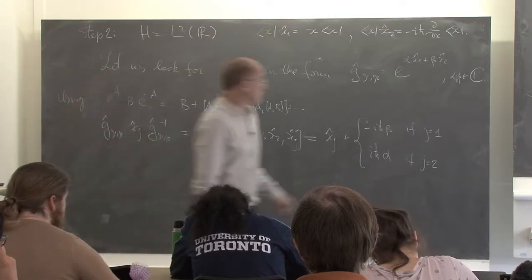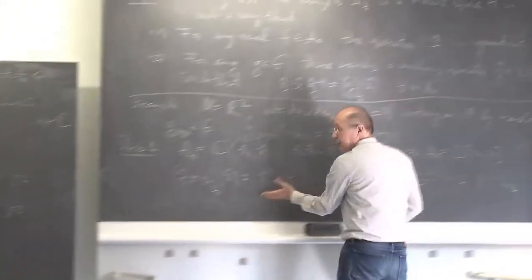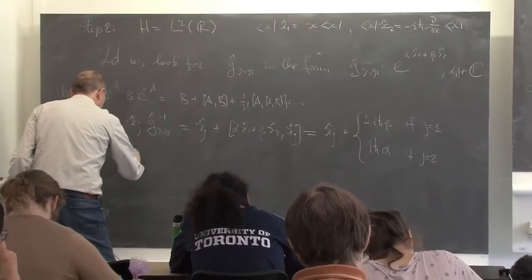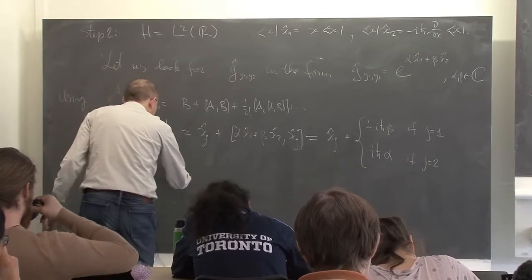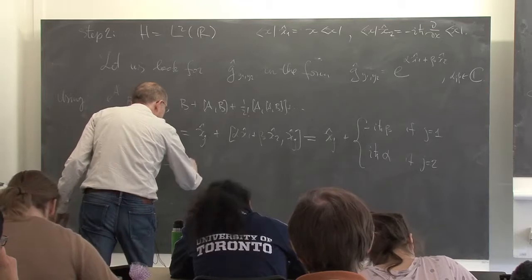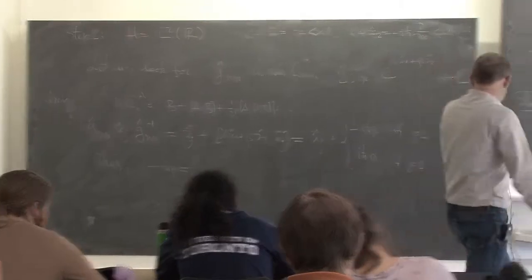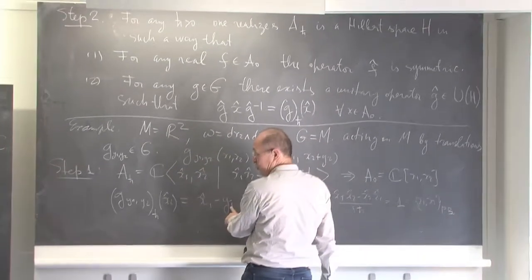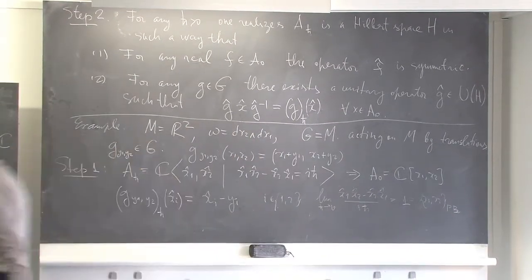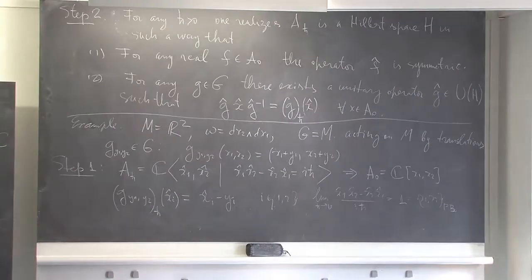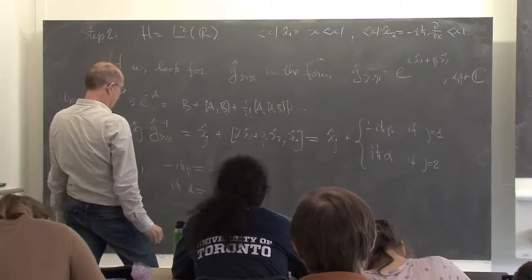And now we need to get this combination in the end. So minus i h bar beta should be equal to the coefficient in the case of i equals 1, minus y1. And i h bar alpha should be equal to minus y2.